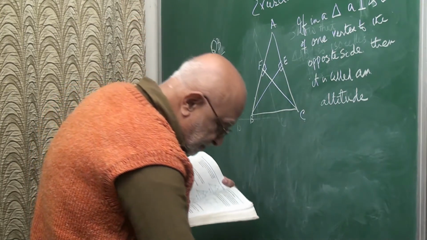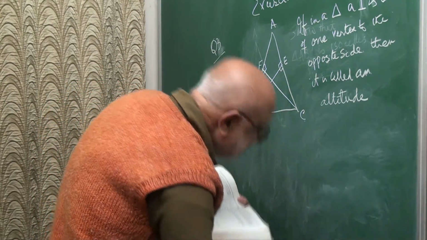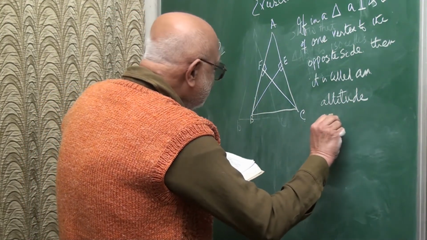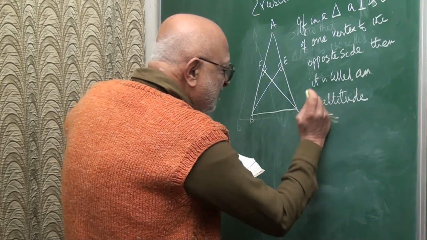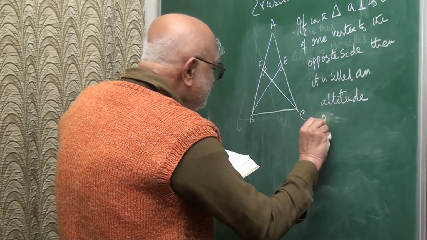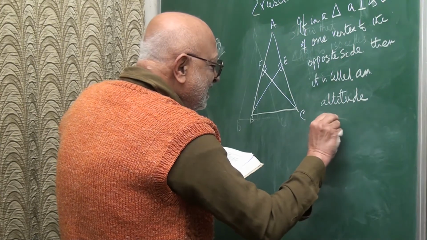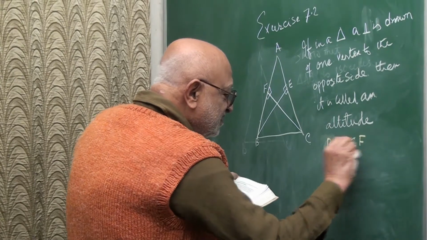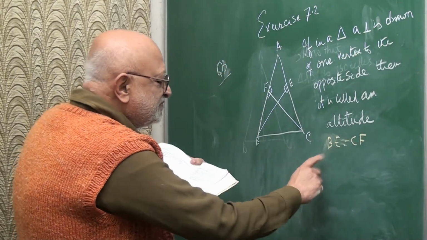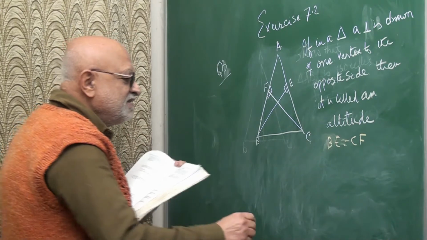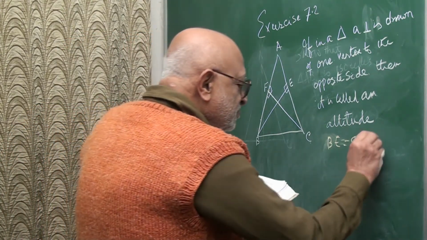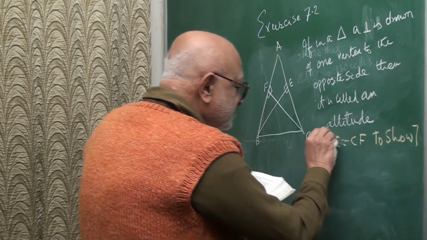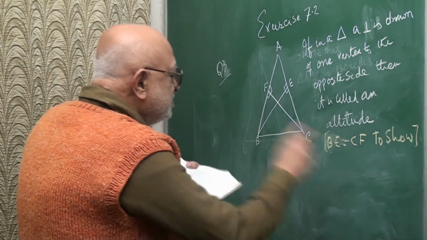That these altitudes are equal. That means I have to prove CF is equal to, but why should I start with C? I will start with B. BE is equal to CF. B comes first, so let us maintain that order. This is to be shown.